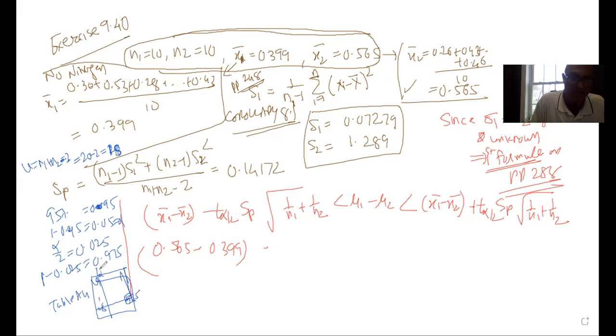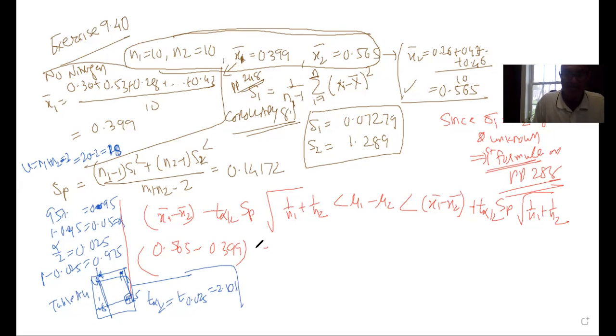Correspondingly, you can find your value, which provides the probability. That means t alpha by 2, which is t 0.025, is 2.101, for degree of freedom equal to 18. Once you have this, just plug in the values.